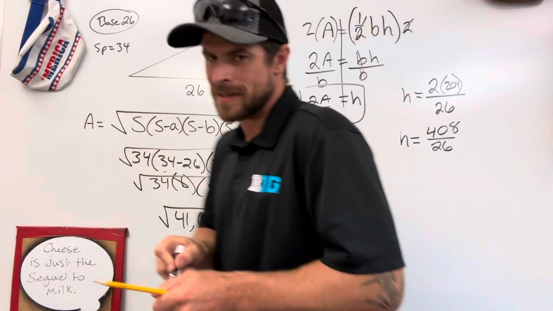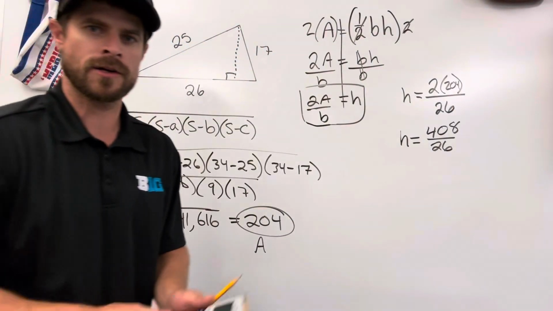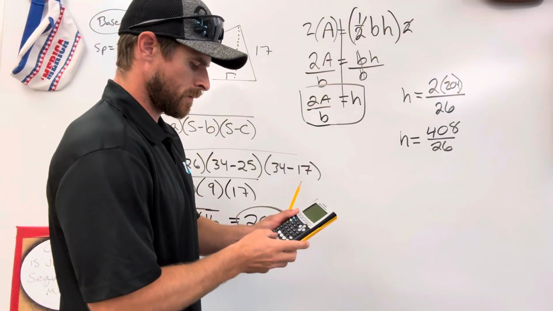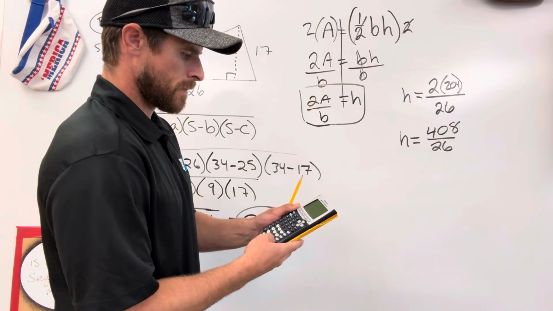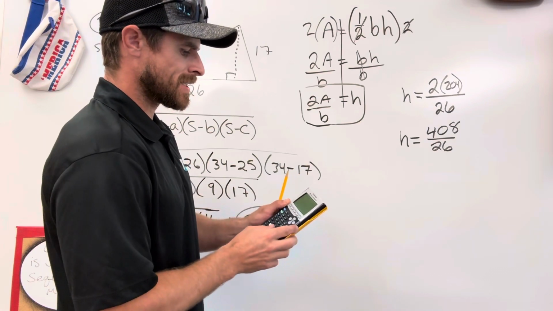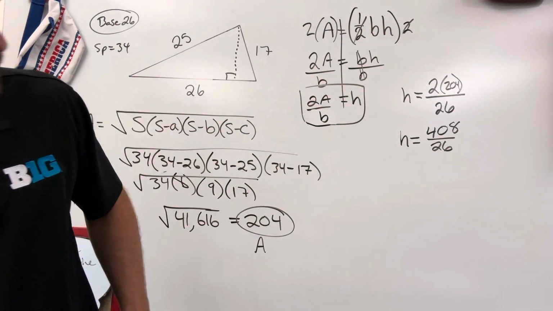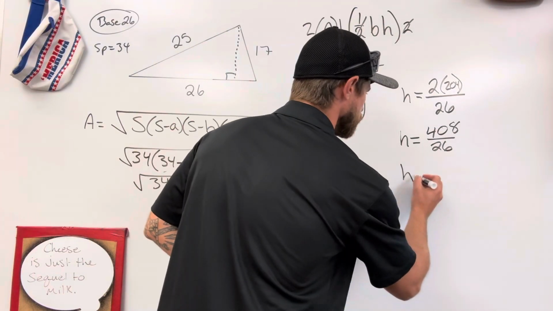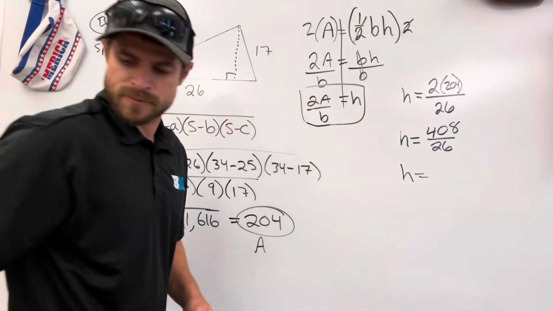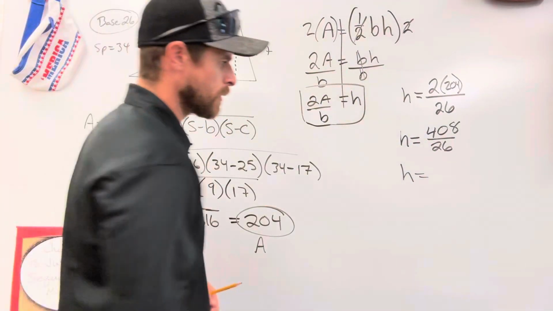I got good mental math skills, but not that good. So I'm going to just grab 408 divided by 26. I get 15.69230 and more digits. So 408 divided by 26 gives me 15.692.